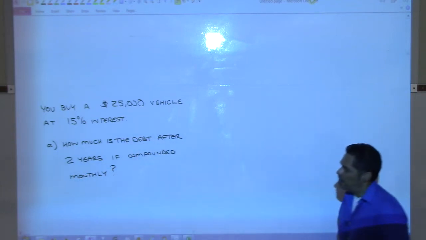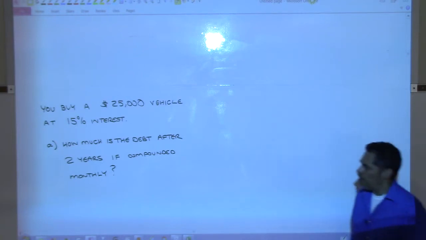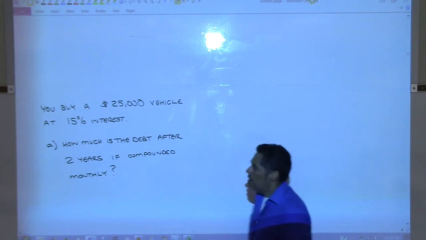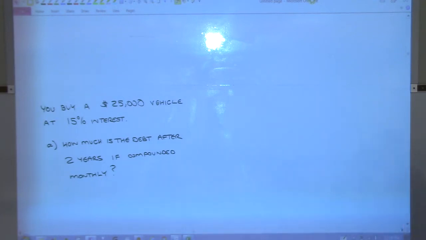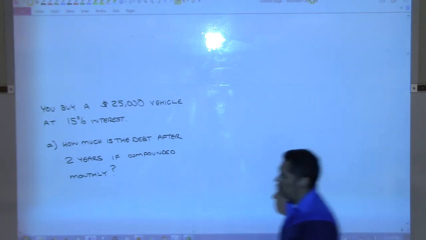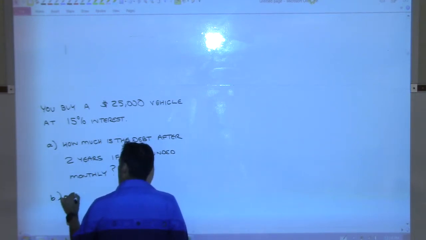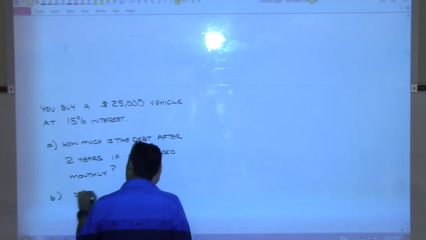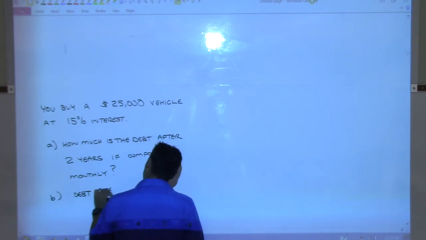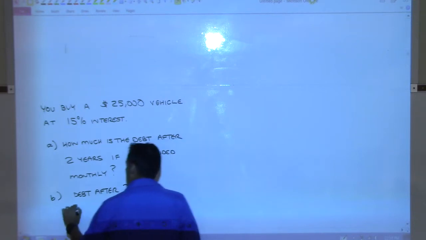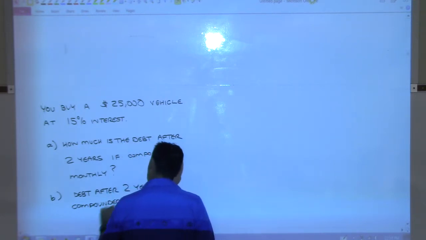I didn't put if interest, but y'all understand what I mean here. That's part A. Part B is the same question: debt after 2 years compounded continuously.